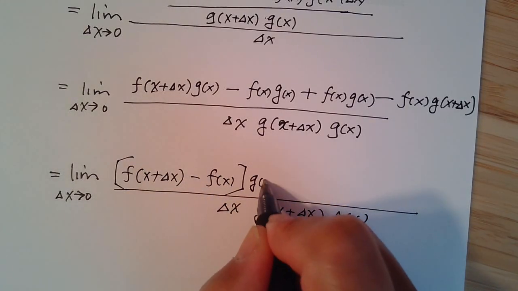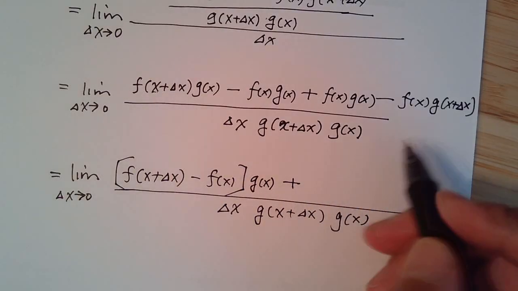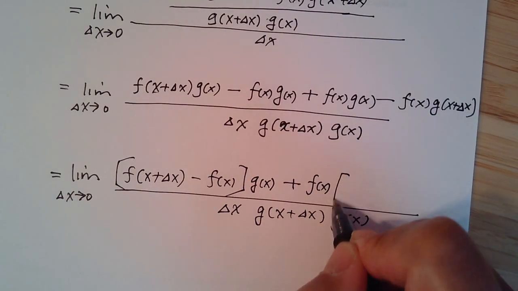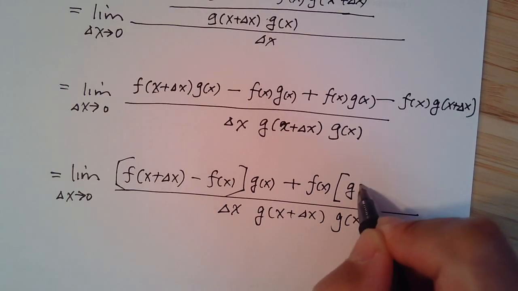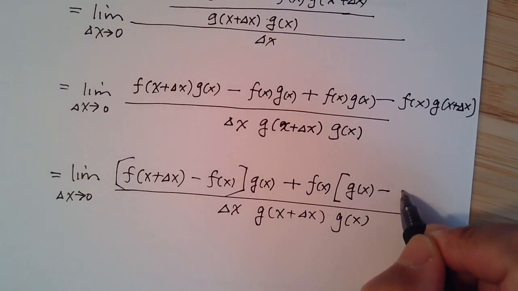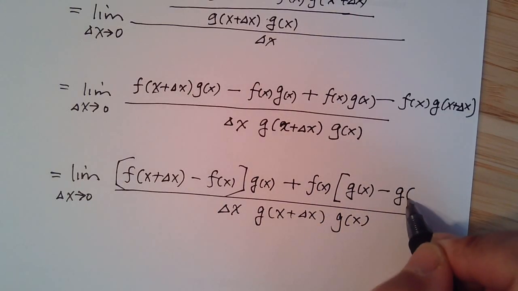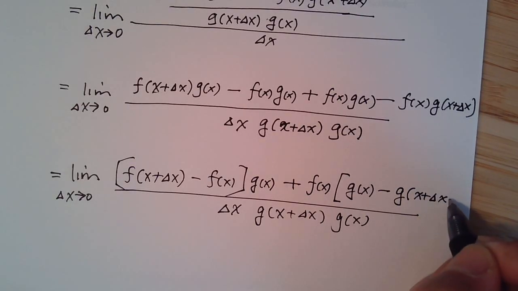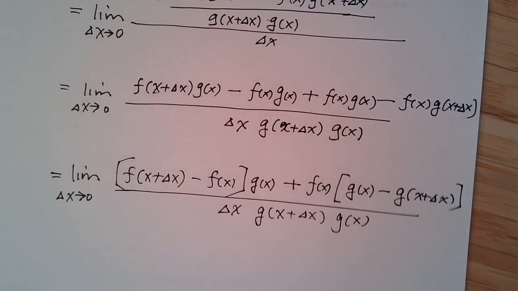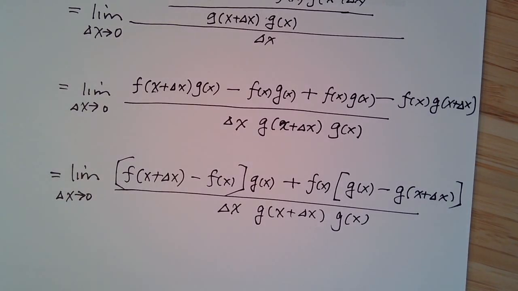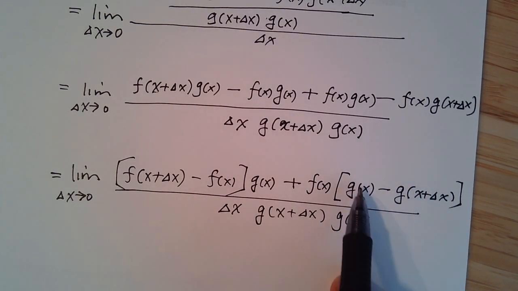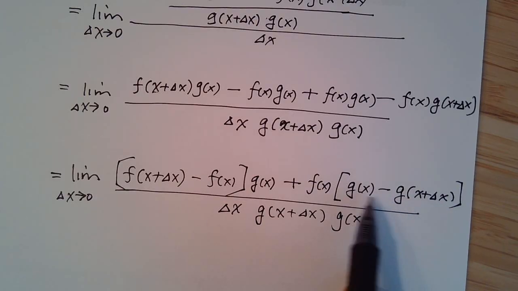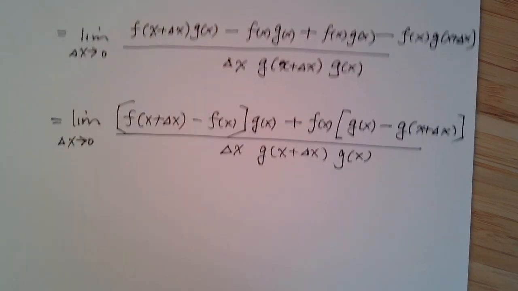This times the g of x plus, and from the latter two terms I take out f of x, and inside I will have g of x minus g of x plus delta x. Of course, we usually get used to an x plus delta x term minus the other one. You can change the sign here.